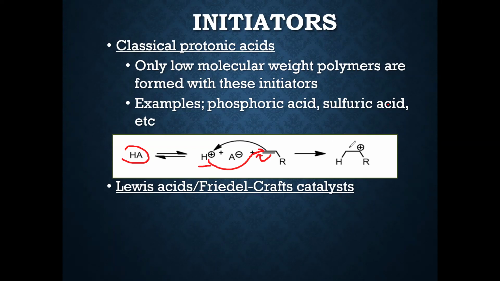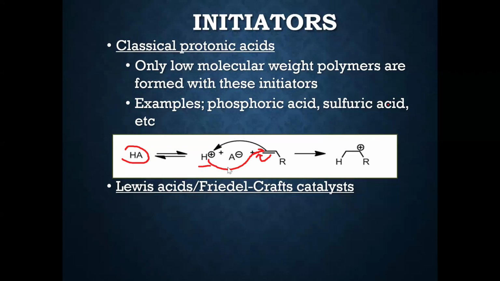And this is the carbonium ion. And once this is formed, this will initiate the propagation. So this is the initiating monomer. This is the reactive monomer, which will start the propagation and start the overall reaction of polymerization.